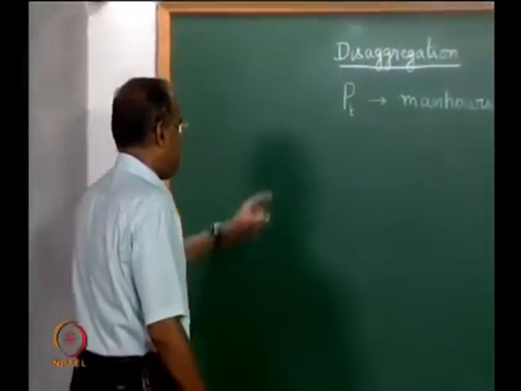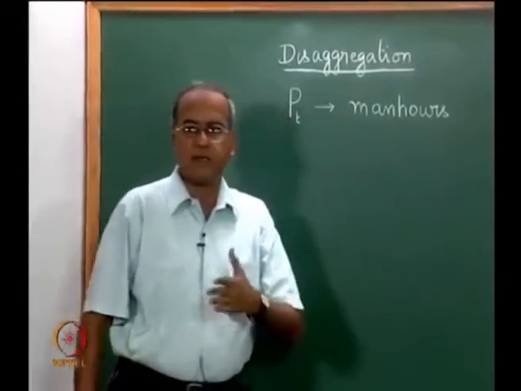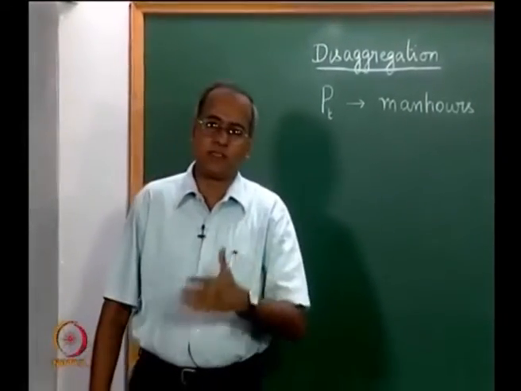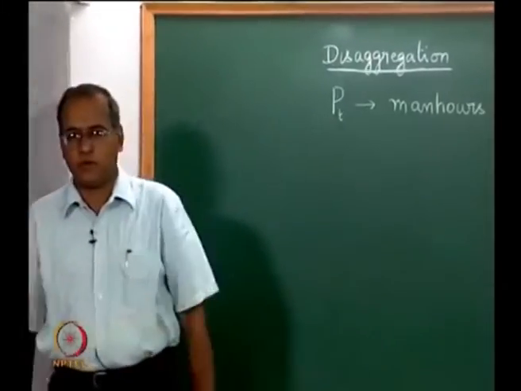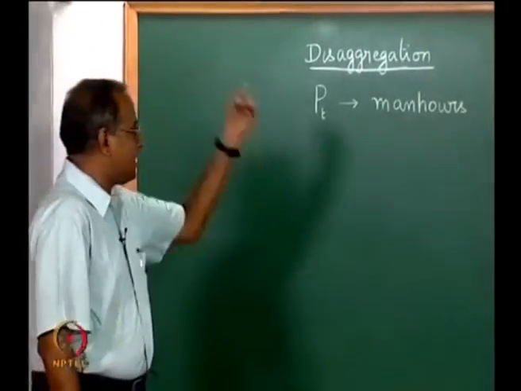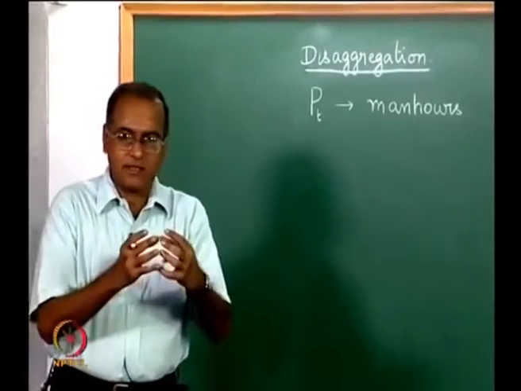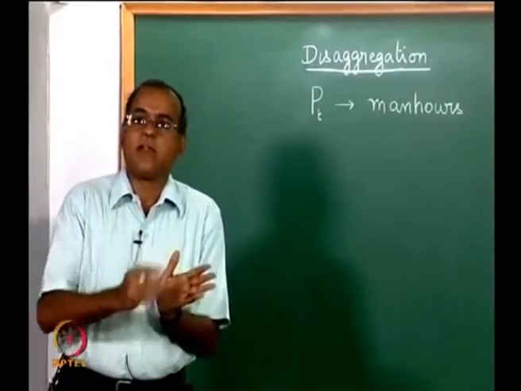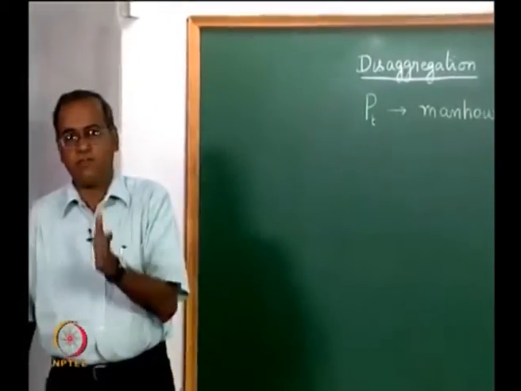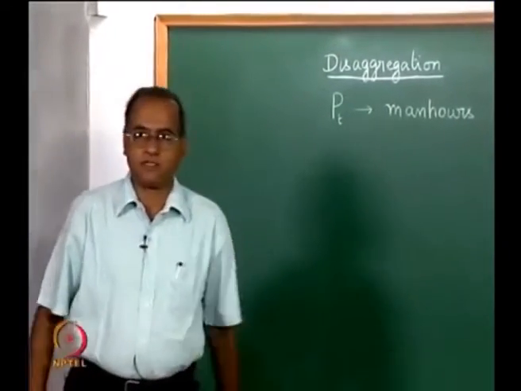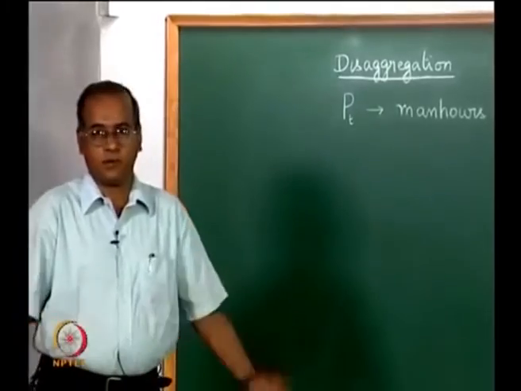So, when we say PT, we represent PT in terms of man hours or person hours available, not in terms of number of units produced, because at the disaggregation level we are going to break this PT into several products, and therefore it is convenient to define PT in man hours rather than in number of units.